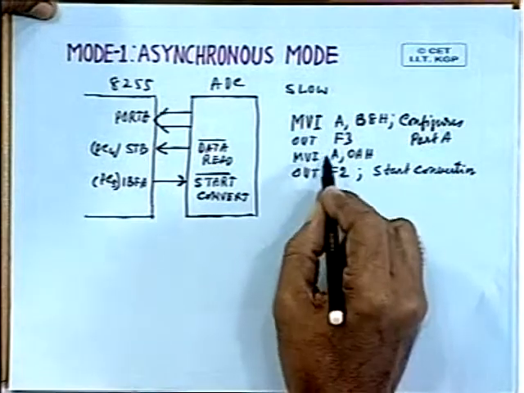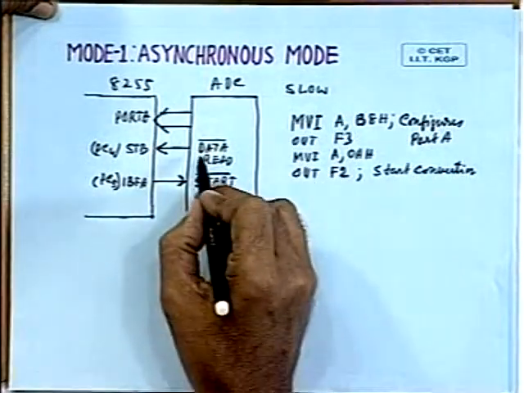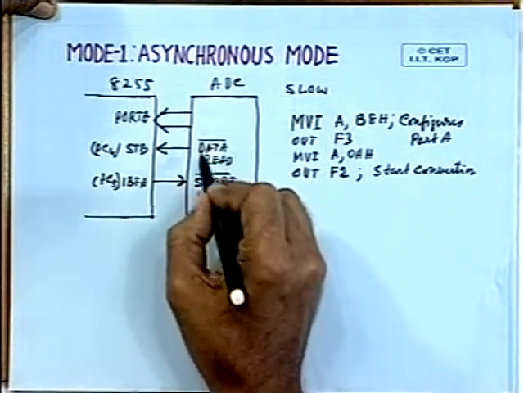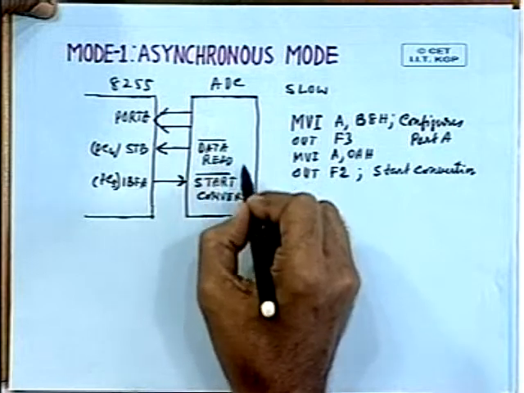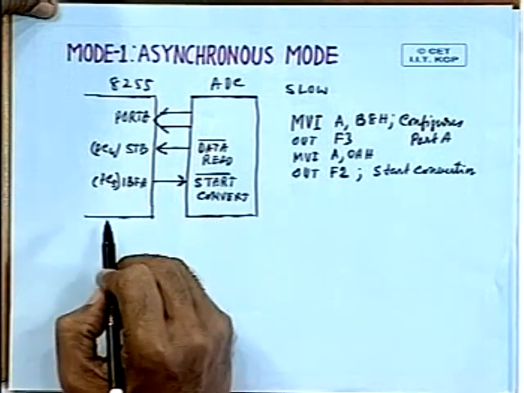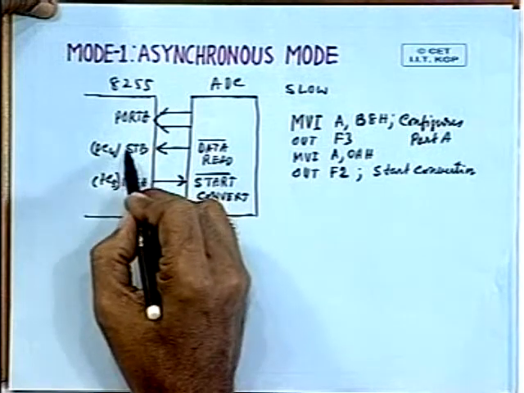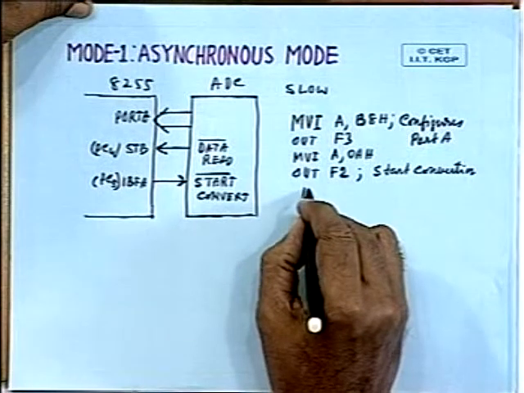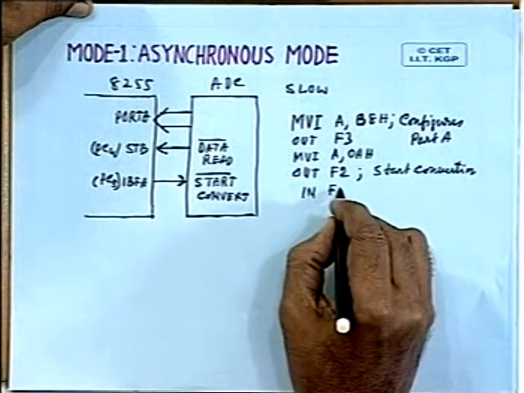However, data is not yet available on this line. So when the AD converter performs the conversion, the microprocessor will keep on checking the status by looking at this strobe bit, that means PC4 bit. To do that, it will perform IN F2.